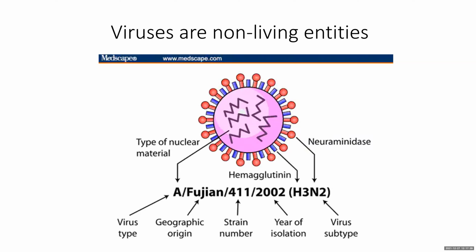The basic concept of what a virus is: it's a protein capsid or capsule that encloses some genetic material. Right, the genetic material is made of DNA or RNA, so nucleic acids, just like full-blown organisms have.